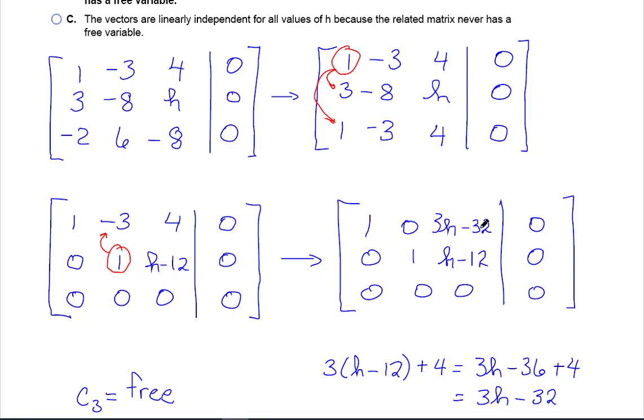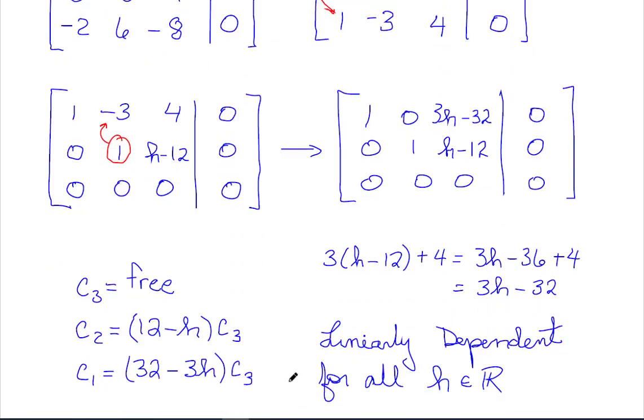And again, I'm looking to see how H is involved in the process. I do have a row here of all zeros. And so what I see is that C3 is free. C2 is 12 minus H times C3.